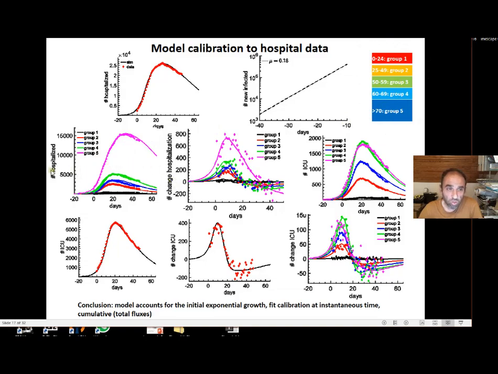Then not only do we have the number of hospitalized, but you can also see how the model performed for the number of changes in hospitalization. The number of people in ICU, in intensive care unit. Again, the continuous curve is the model, and the dotted points correspond to the data. Then we have here the total number of people in ICU, the change in ICU per day, and the change in ICU per group.